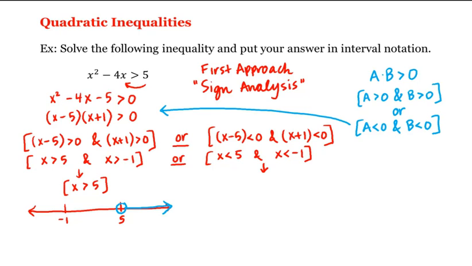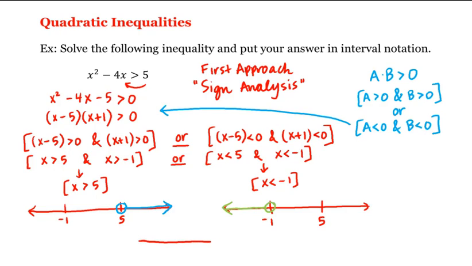And similarly, you can condense this to x is less than negative 1. Because if x is less than negative 1, certainly x is less than 5.